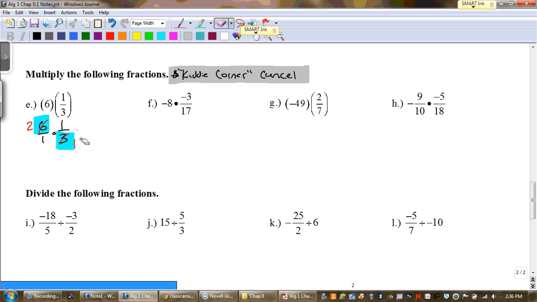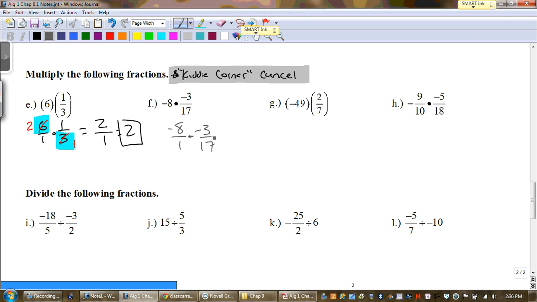And now all we do is multiply across. 2 times 1 is 2. 1 times 1 is 1. Our final answer is 2. Okay? Now we're going to do the same thing with f. We're going to change that to negative 8 over 1 times negative 3 over 17.